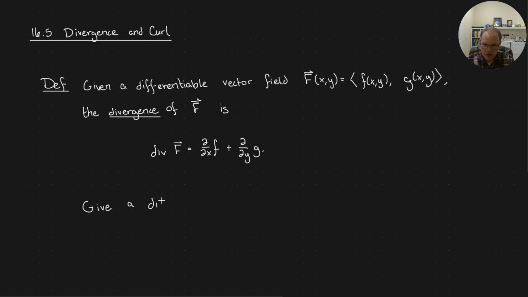Given a differentiable vector field with 3 components and 3 variables, then it's the same thing. I just have a third partial derivative with respect to that third variable.